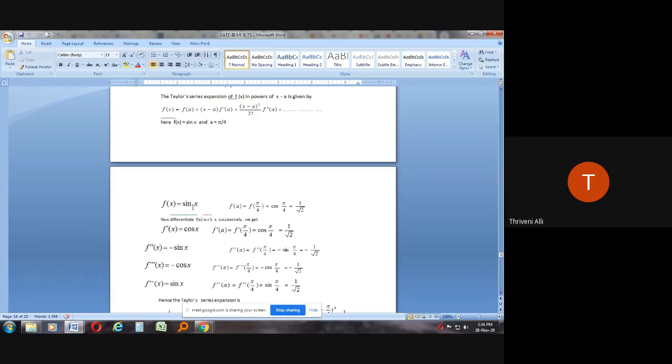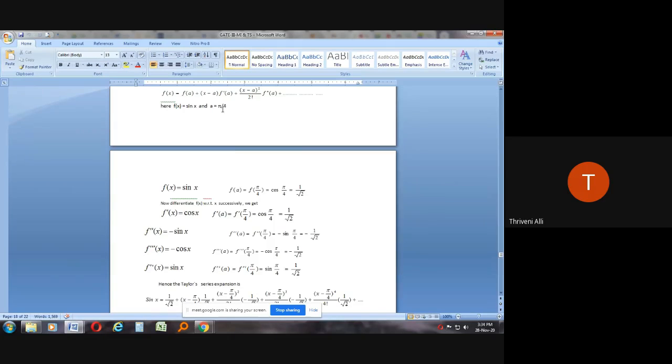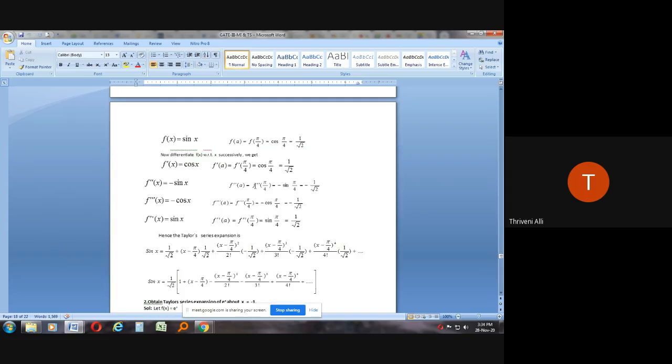Our function f is sin x, f dash is cos x, f double dash is minus sin x, and so on. Substituting a equal to pi by 4: sin pi by 4 is 1 by root 2, and cos pi by 4 is also 1 by root 2. Now substituting the derivative values in the Taylor series expansion, we get the series for sin x.